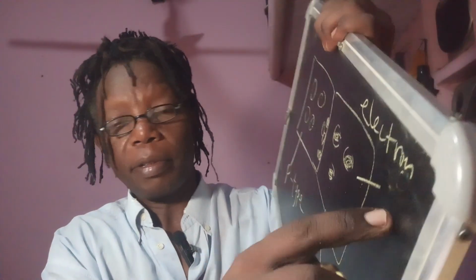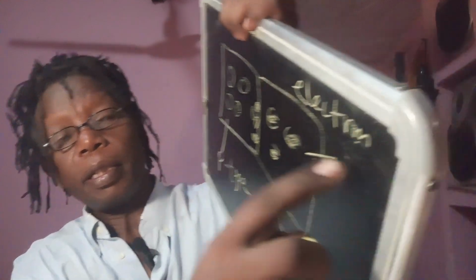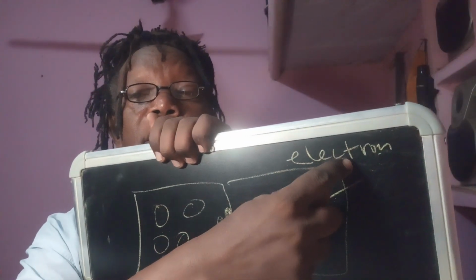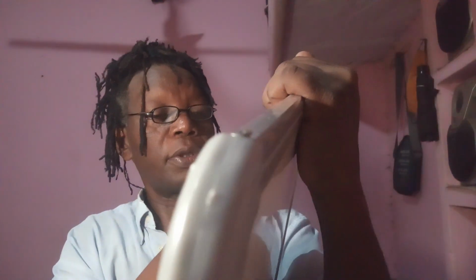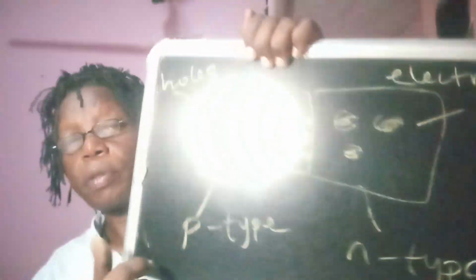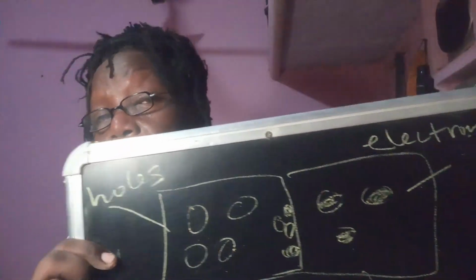An atom is made of what? Nucleus, protons, and electrons. Electrons is what gives the charges. Okay, and these are holes. It's called holes, possibly charged or protons.